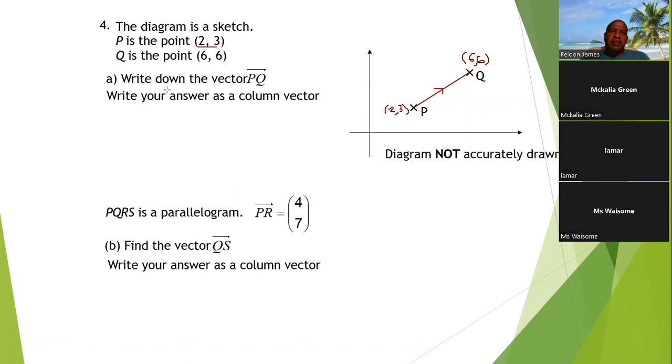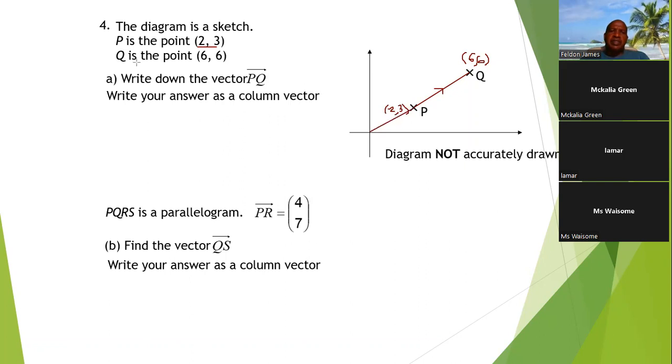The vector P is (2, 3). That means the position vector P goes from O to P, which is (2, 3).